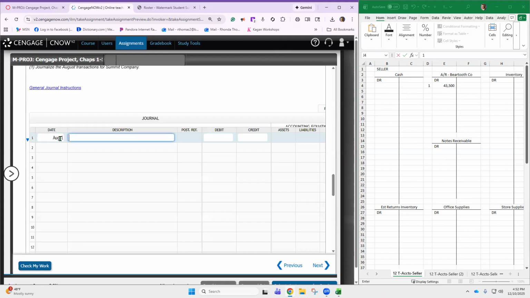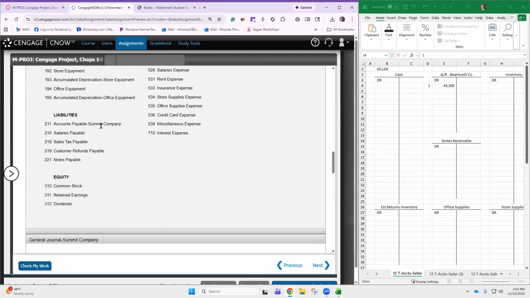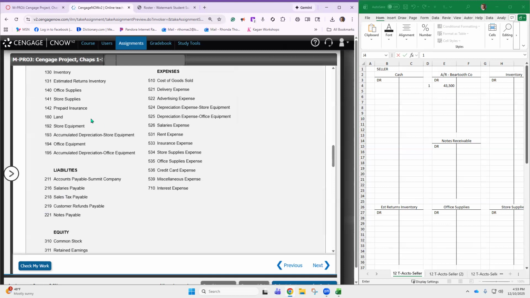Okay. And then what's going to get debited first? The first thing is going to be accounts receivable. Probably Beartooth. And if you don't want to type it all out, then leave your chart of accounts open. Okay.